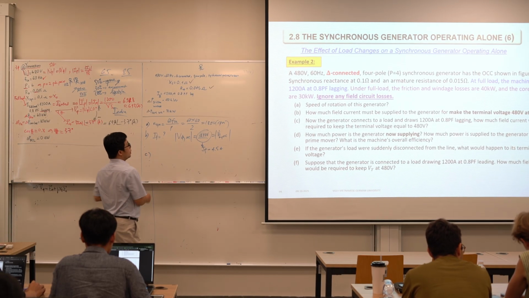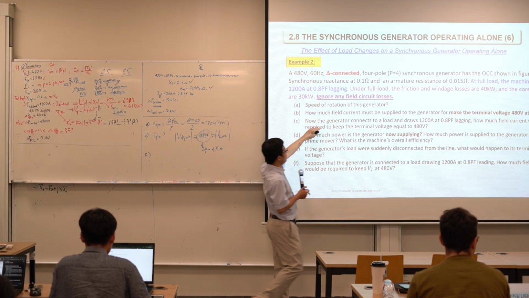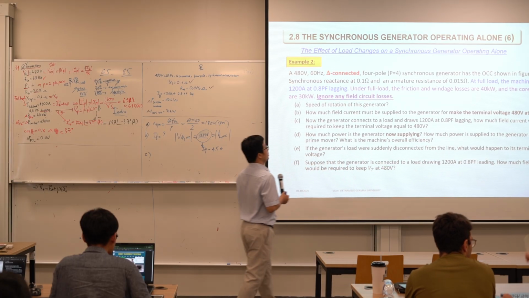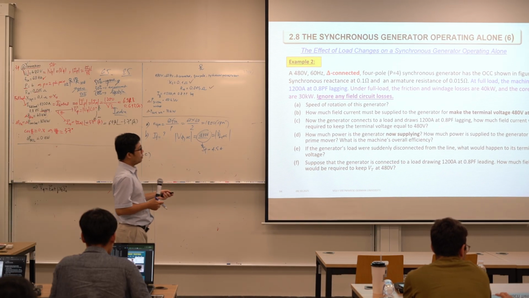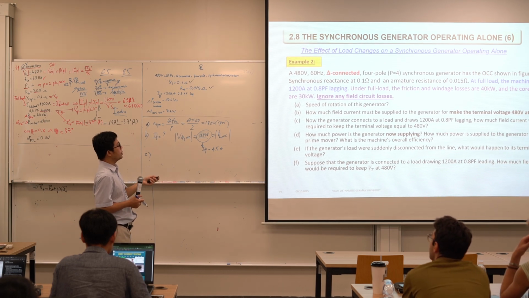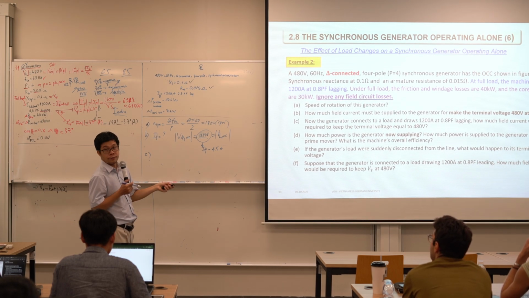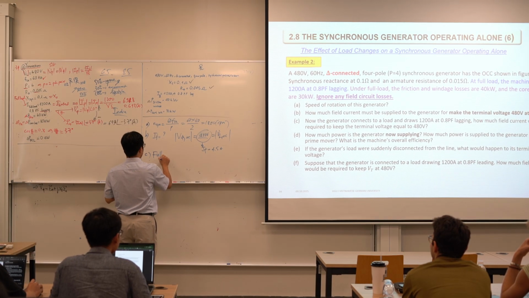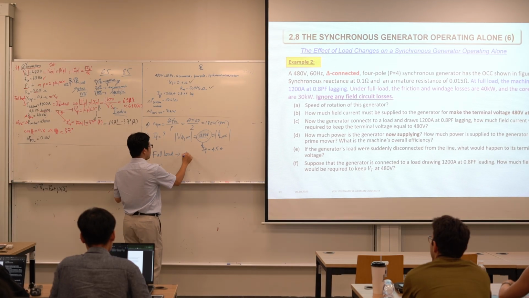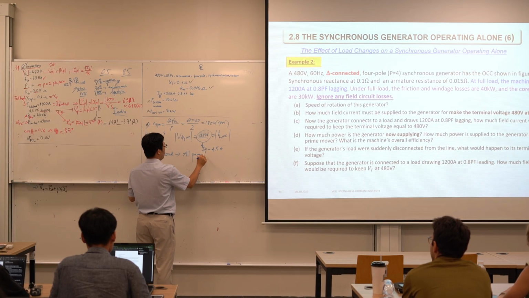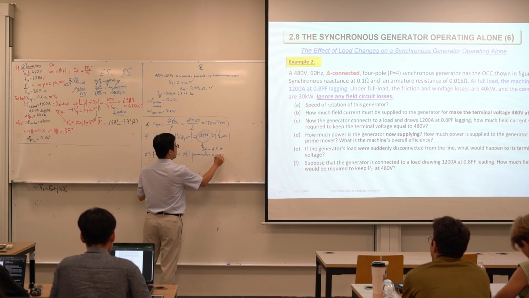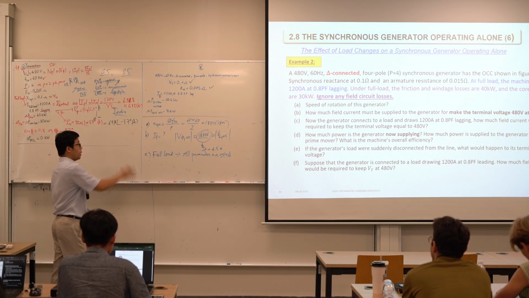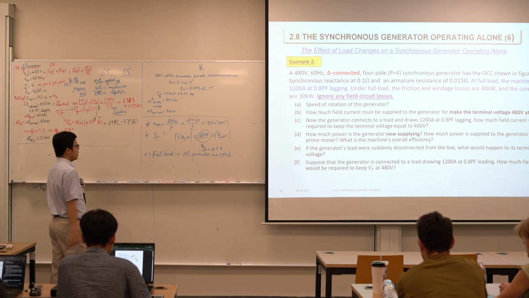Now the generator is connected to the load and draws 1,200 amperes at 0.8 power factor lagging. That means full load condition, right? Full load condition doesn't mean all parameters are rated.